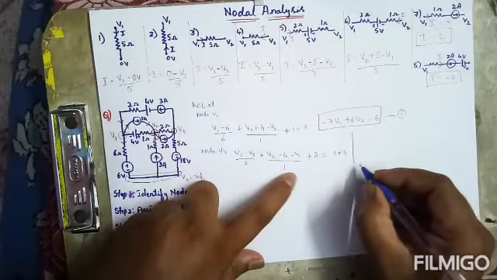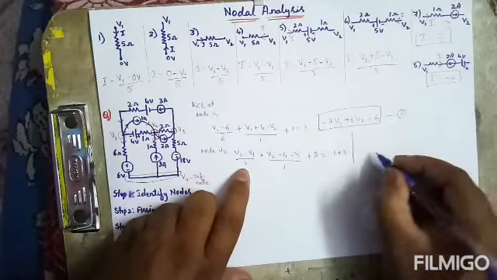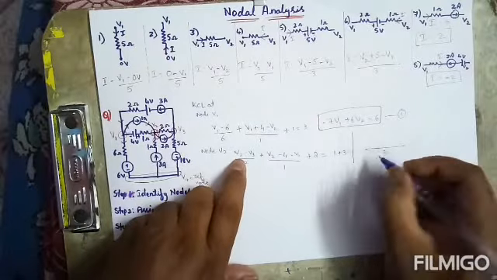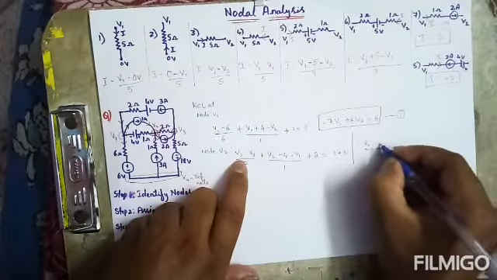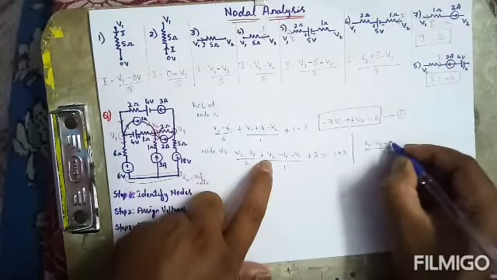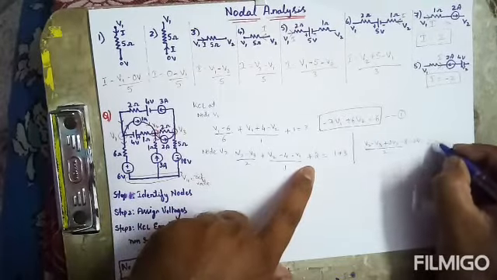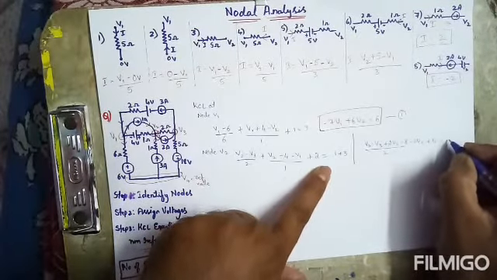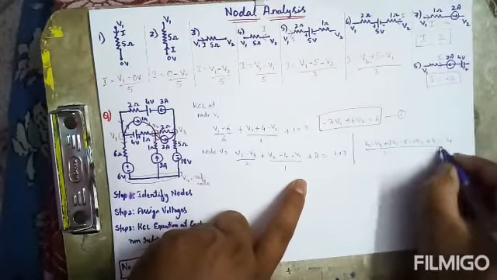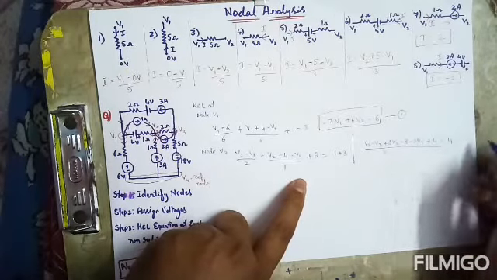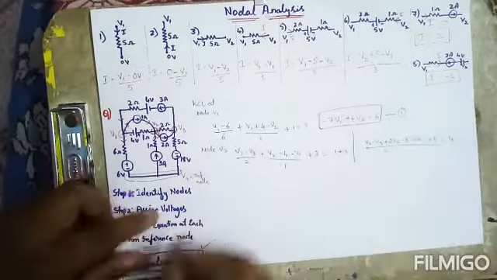So let me take the LCM as 2. So this is going to become V2 minus V3 plus 2V2 minus 4 minus 2V1 plus 2 equal to 4. So this 2, if I take it here, it is going to become 8. So I can write this here.